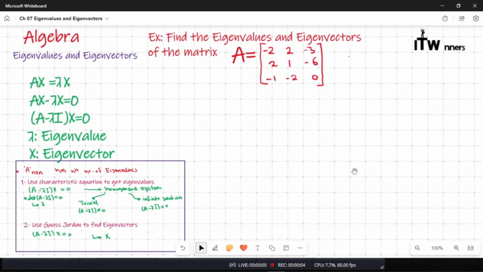Example, find the eigenvalues and eigenvectors of the matrix A. Okay, so let's start with our steps of solution.